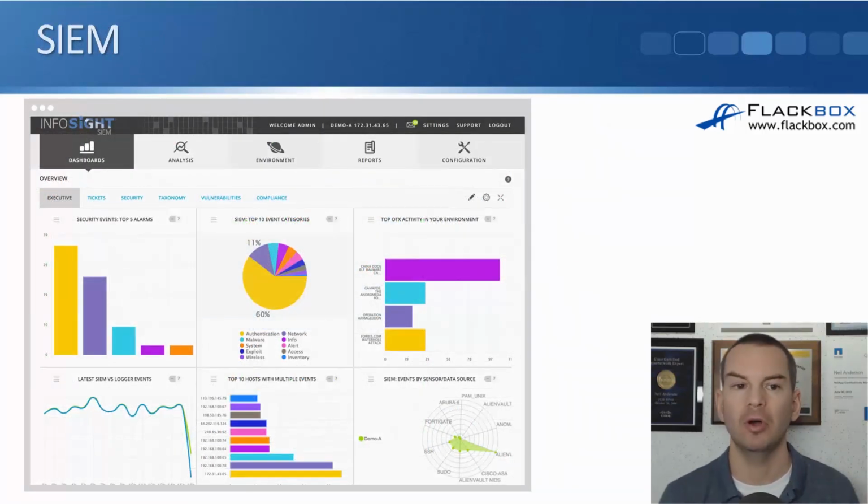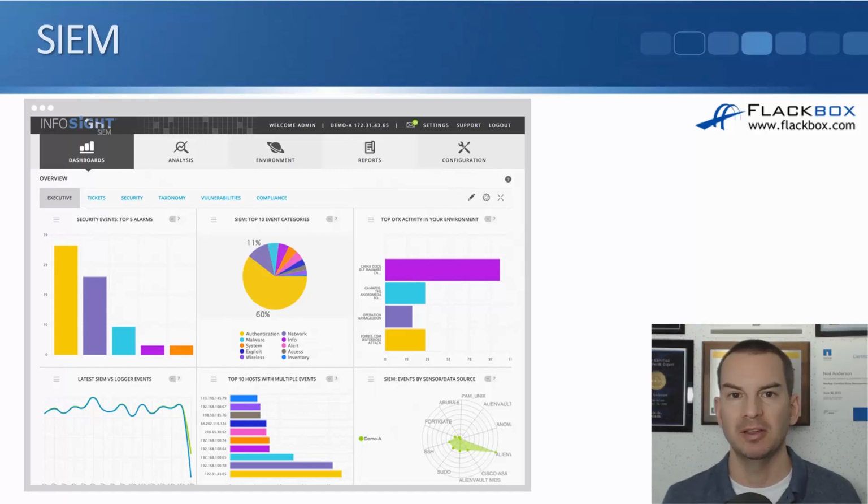If we look at a SIEM, on the other hand, this is from InfoSite, it can get the same kind of information, but you see that it's focusing on different types of reports. It's telling us the top 10 event categories. So we can see that the most common fault we have is authentication, meaning people are putting in the wrong password. That's normal for that to be high, because people do sometimes put in the wrong password.